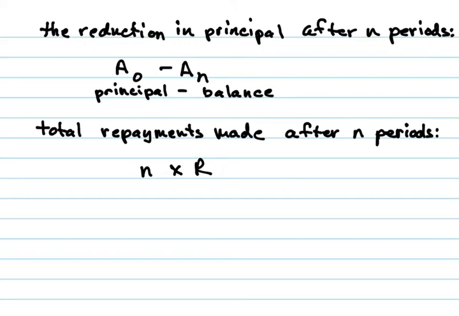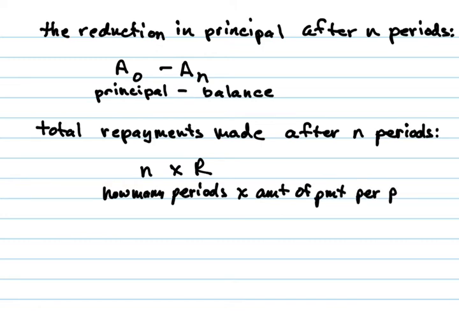Okay? So it's simply how many periods times the amount of the payment per period. Okay. So you're going to be given this using the general notation, so you need to know it, but I also want to write it out in words so you make sure that you understand where all those pieces are coming from.